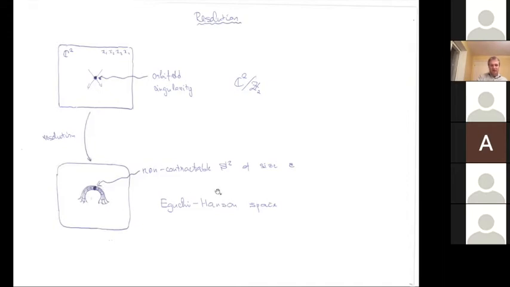Importantly, this smooth portion of the resolution contains a non-contractible two-cycle, so that there is a small sphere that collapses when we take the orbifold limit. So its typical size is of order epsilon.